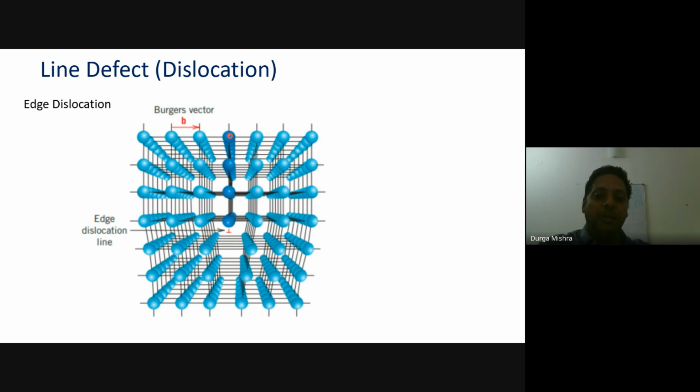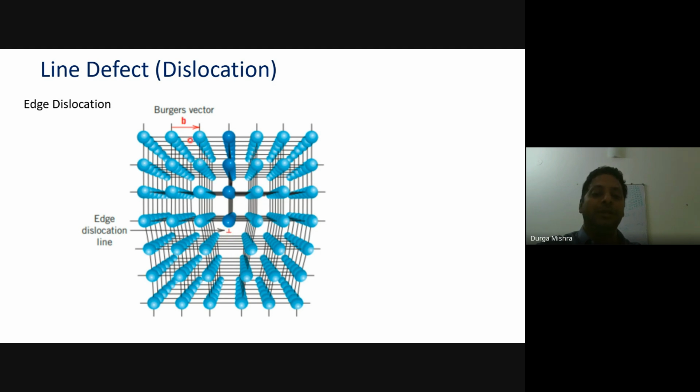This line exists up to here, but after this there is no such line, so these atoms will now come closer together. The edge dislocation starts from here, is given by this line, and is normally represented by this reverse T symbol.